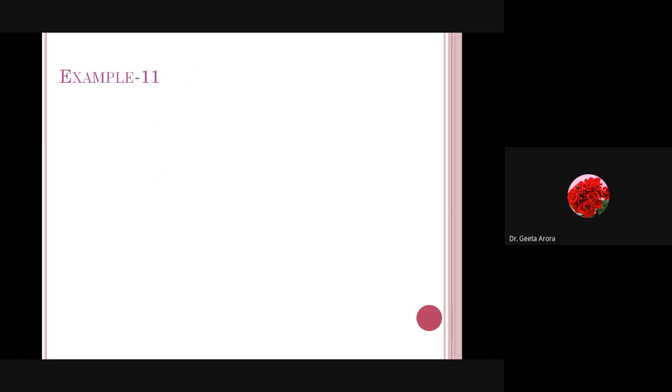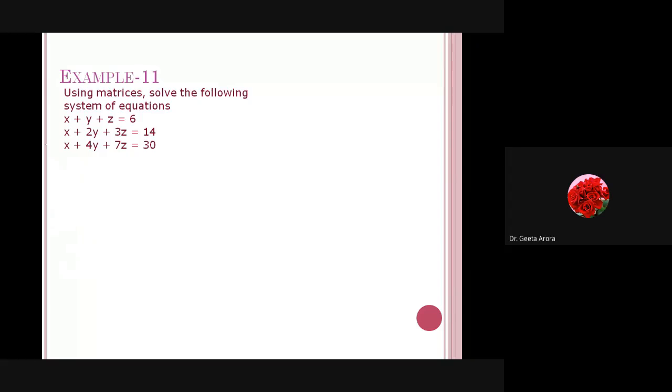Let's start with the next example. So the procedure that we have learned is clear. Because the question will come either directly to find the solution of a given system of linear equations, or sometimes we can be asked, if this is the system of equations, which type of solution is coming.